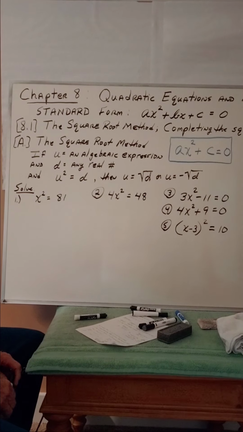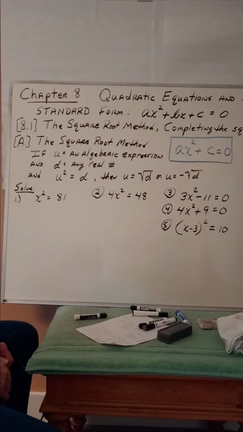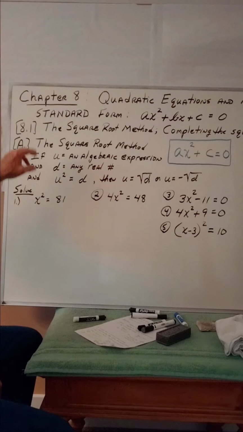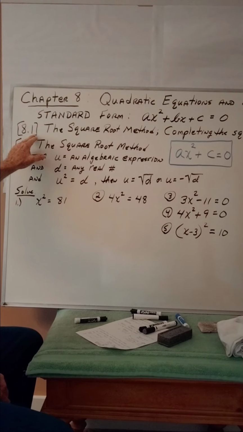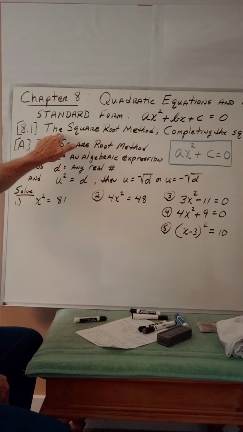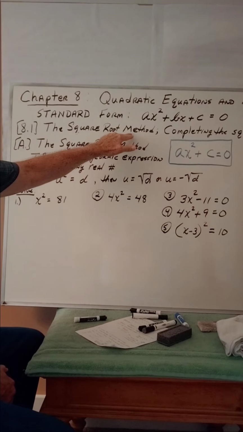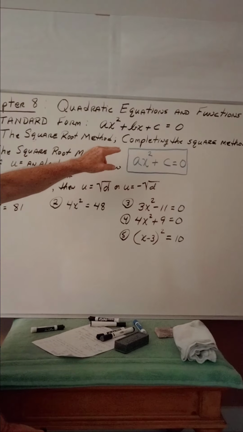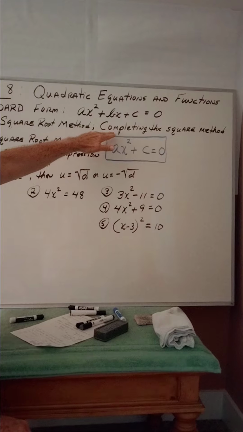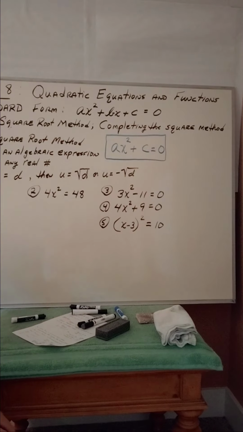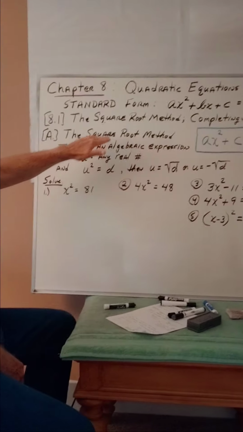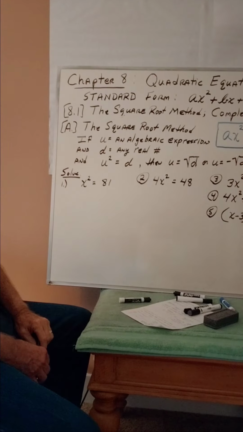Many of them cannot be solved by factoring, so we need other methods. And in 8.1, we're looking at a second method, the square root method, and a third method, completing the square. Now we're going to begin with the square root method first.